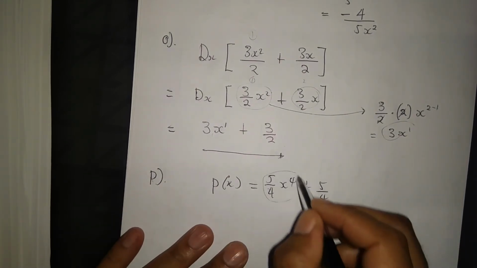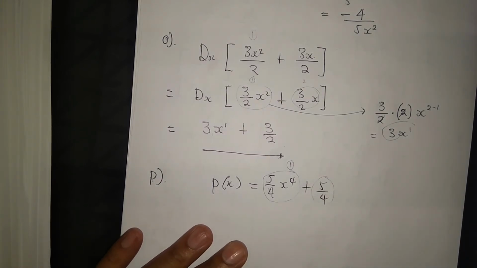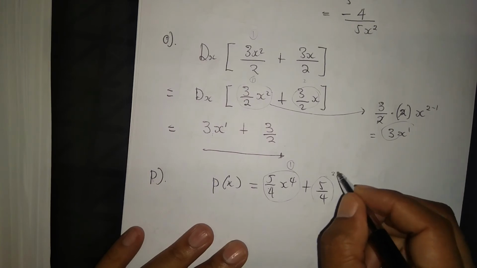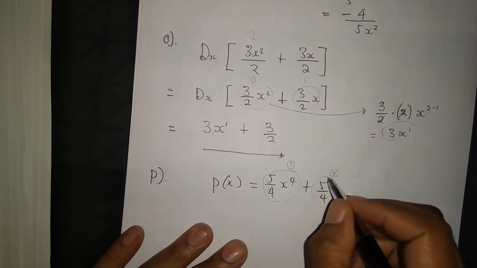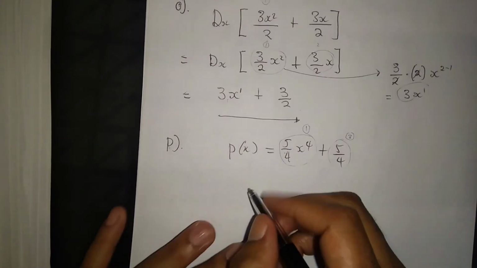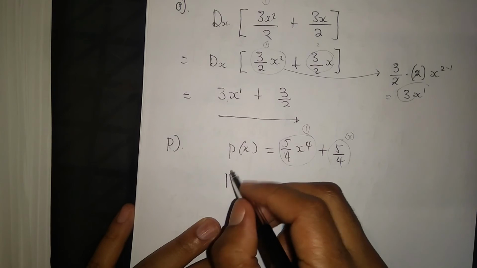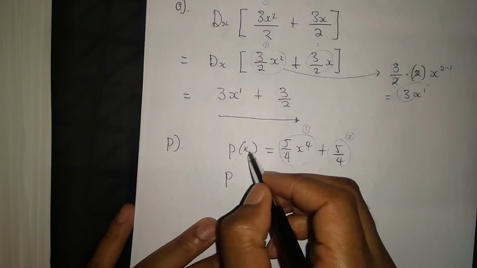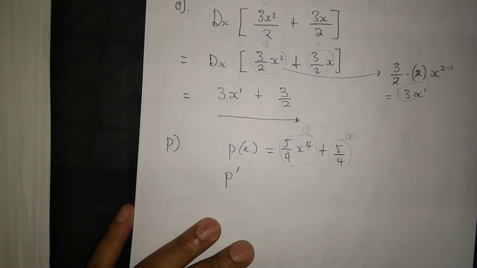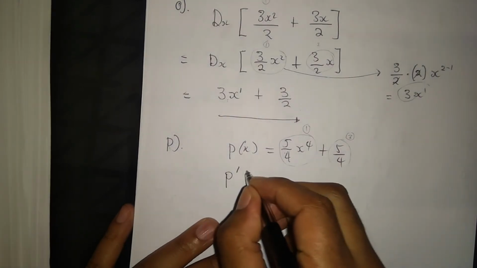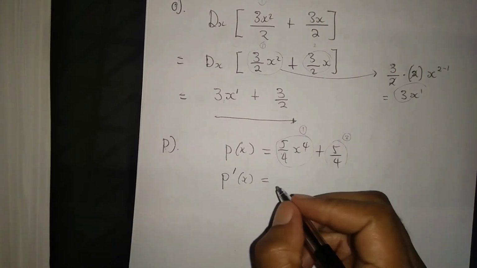This is rule number 1. This is rule number 3. This is a constant, right? Now let's apply my rules here. So this is P of x. I will use this notation, P prime x. Remember, I am finding the first derivative here.